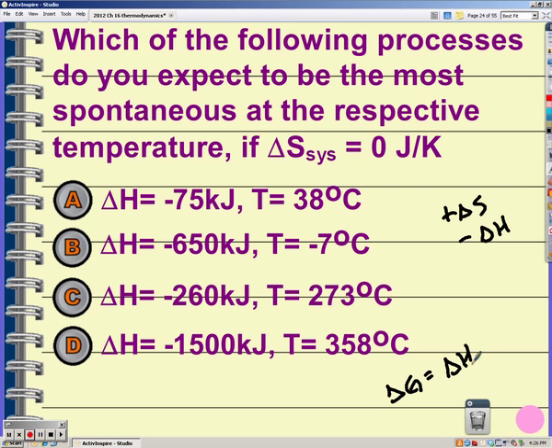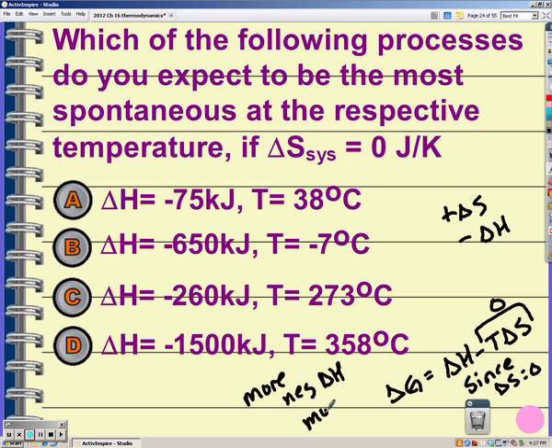And if you look at the equation, if delta S is 0, then the T delta S, that whole section there will be 0, because anything multiplied by 0 is 0. So really, you can just look at the delta H. The more negative delta H, the more negative your delta G. So D must be the correct answer since it's the most negative delta H.